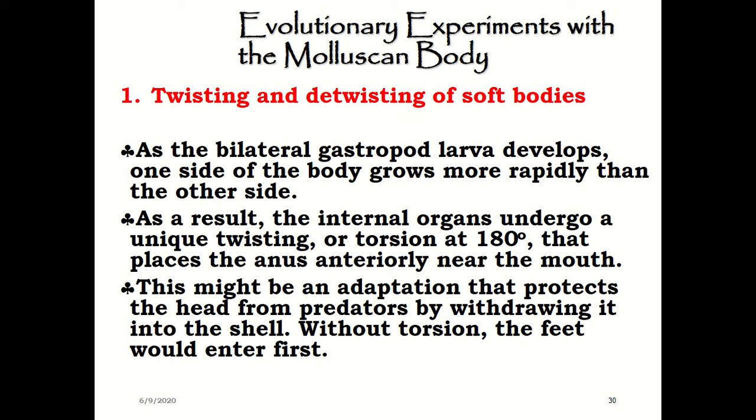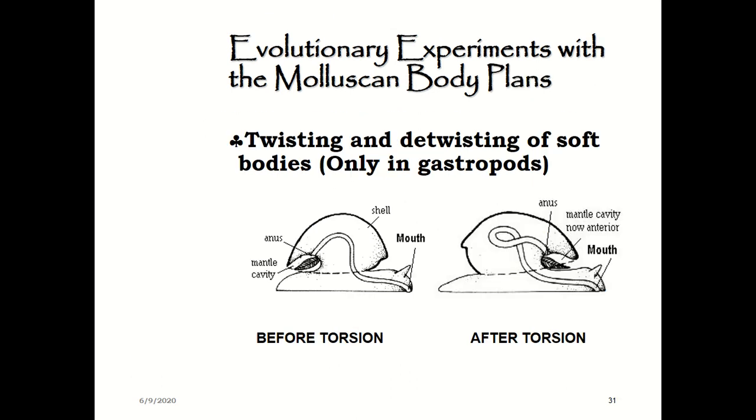So the anus is located near the mouth. This might be an adaptation that protects the head from predators. They will withdraw their head into the shell when they are being attacked by a predator. Without the torsion, the foot would enter first. However, here the head enters first inside the shell.